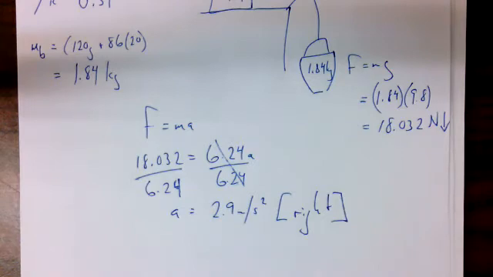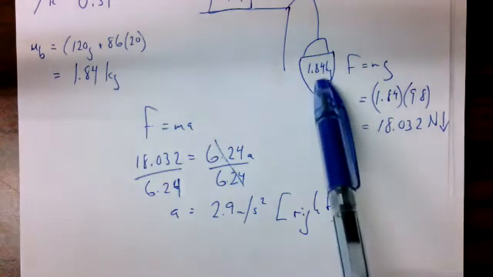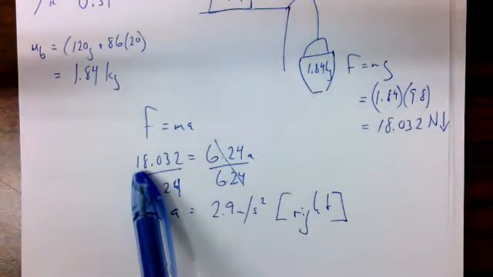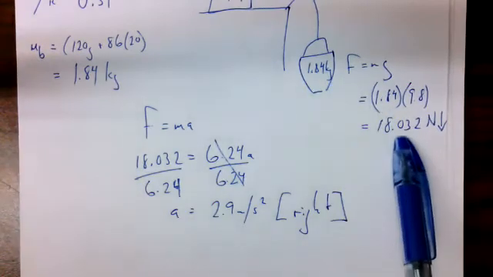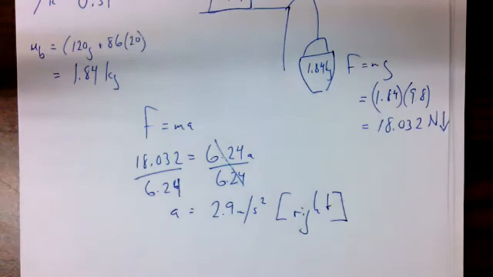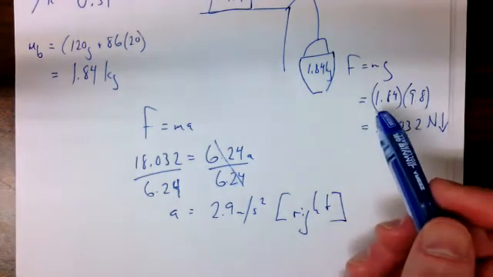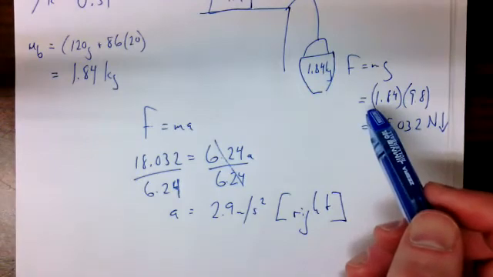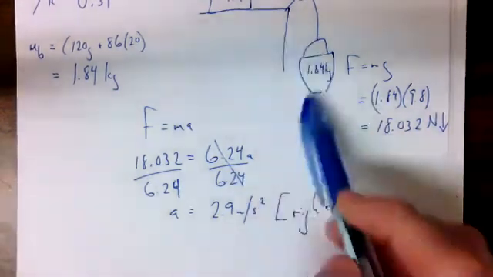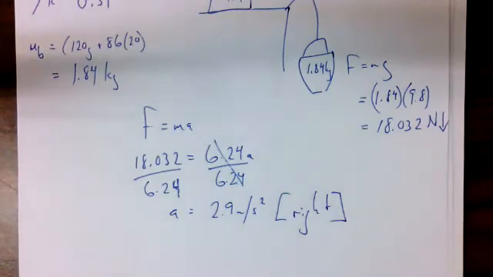Oh, it's 1.84, not 18. Oh no, sorry, I'm looking at this wrong. I'm just confused what the F is because on my sheet I have it as FS max, but it's not, right? This isn't even a static friction question. Yeah, okay. Yeah, this is kinetic. That was throwing me off.